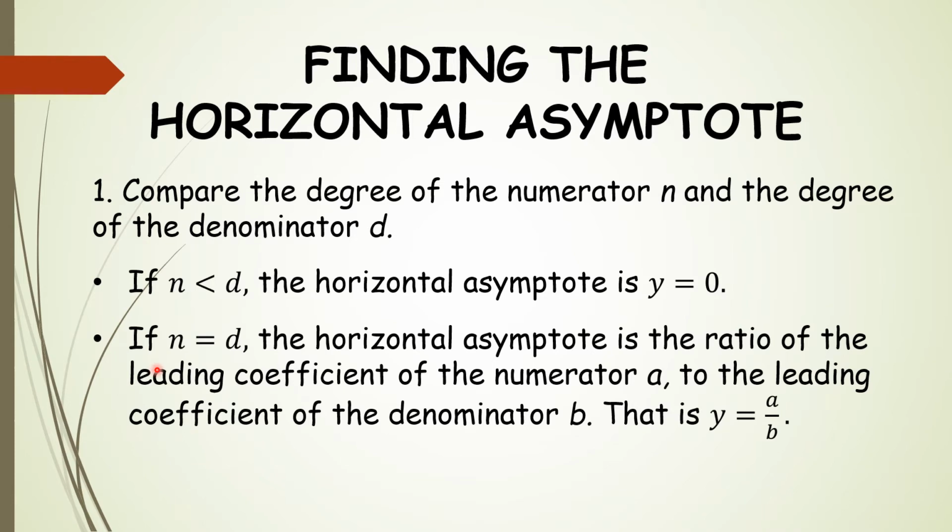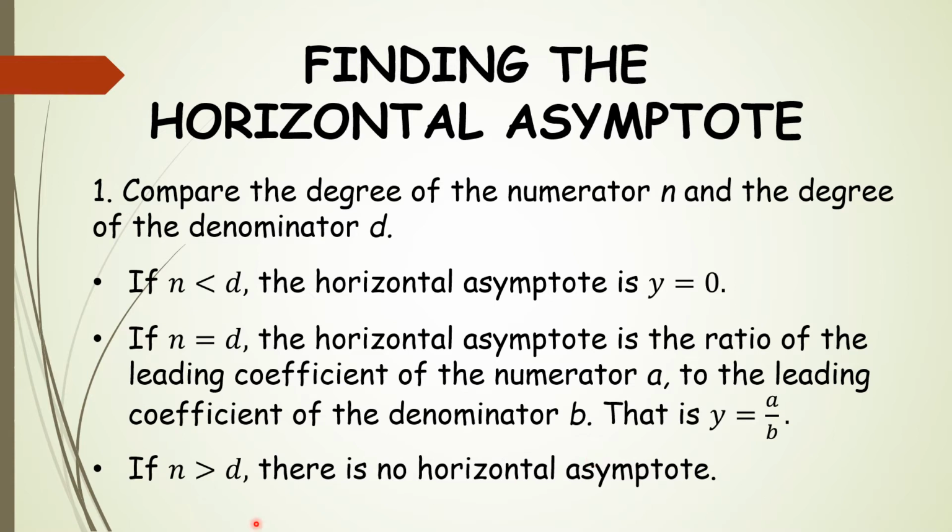Second, if the degree of the numerator is equal to the degree of the denominator, the horizontal asymptote is the ratio of the leading coefficient of the numerator a to the leading coefficient of the denominator b, that is, y is equal to a over b. And third, if the degree of the numerator is greater than the degree of the denominator, there is no horizontal asymptote.